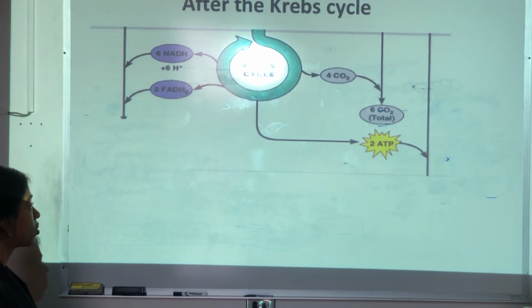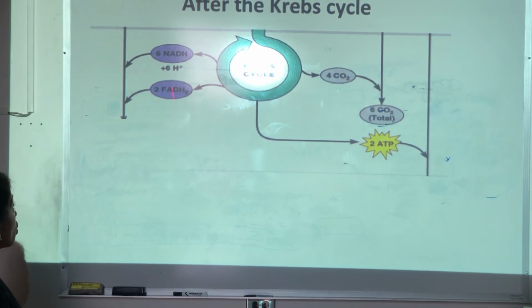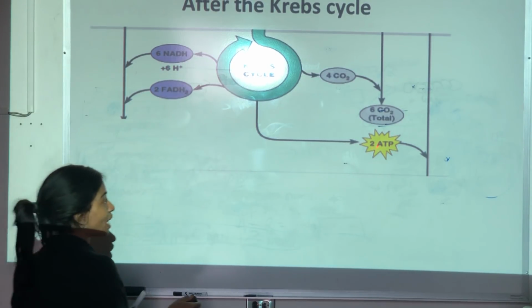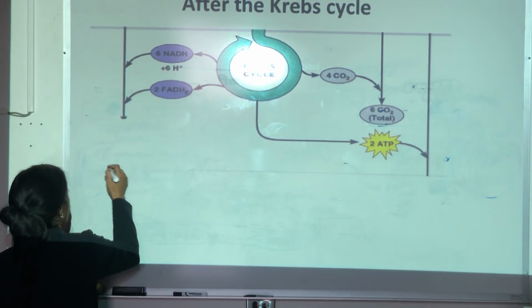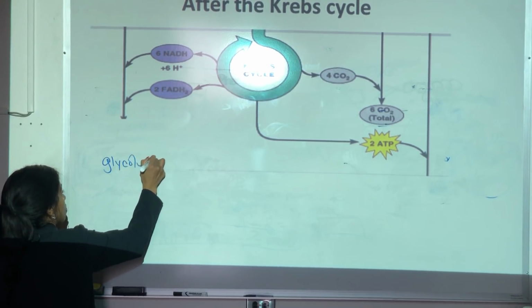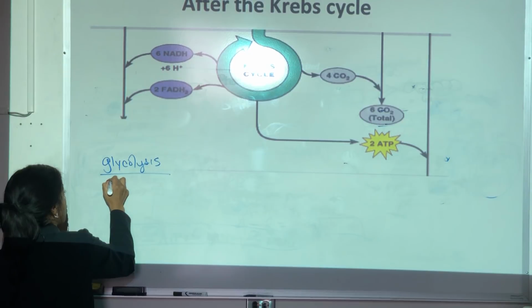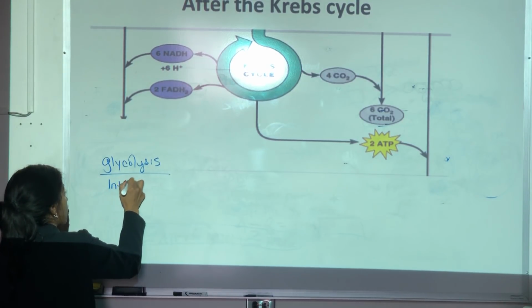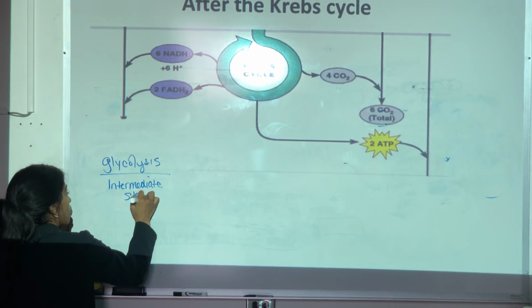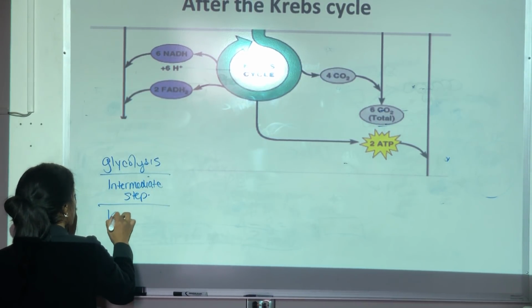So after the Krebs cycle, and I wrote this down in total, you'll see that there are 6 NADH, 2 FADH2, and the carbon dioxide gets released, and 2 ATP are made. So to go over some of the steps, we have glycolysis, the intermediate step. We also have Krebs cycle.